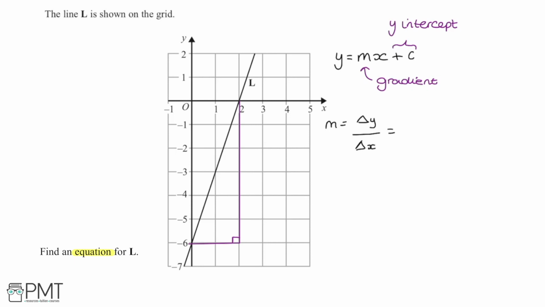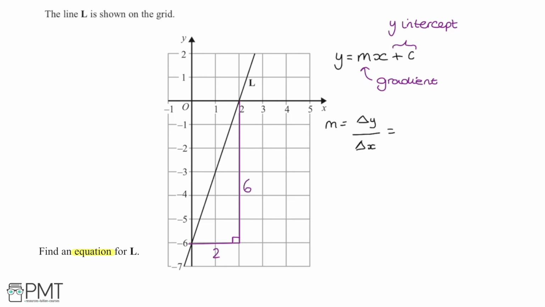If we start with x at 0, I'm going along the bottom line of the triangle, the horizontal line, to where x equals 2. So this is a change in x of 2, so 2 squares. And similarly for y, we start at -6, and we go up 6 squares to 0, so there's a change of 6 squares.